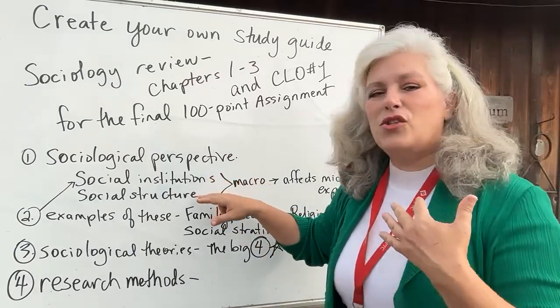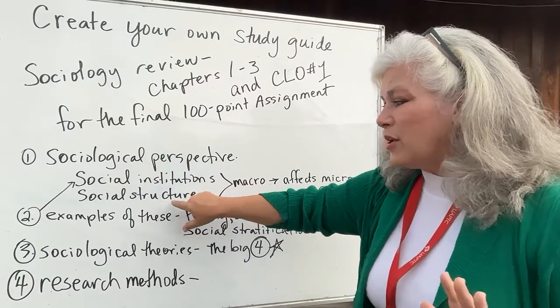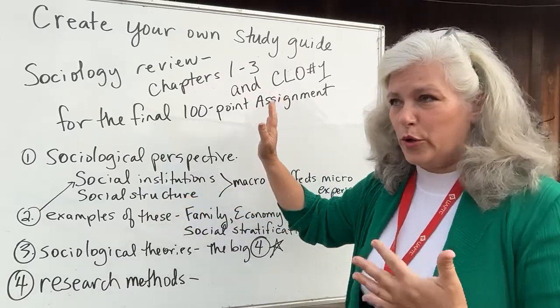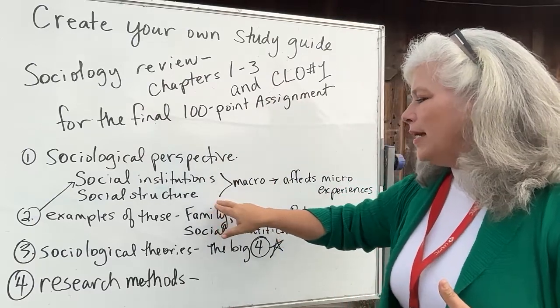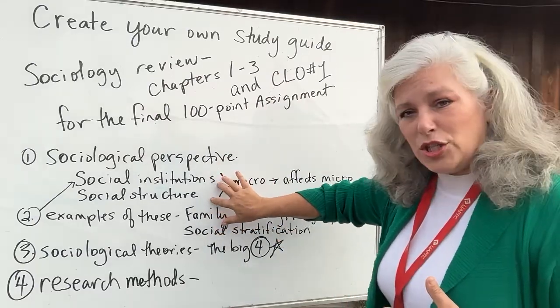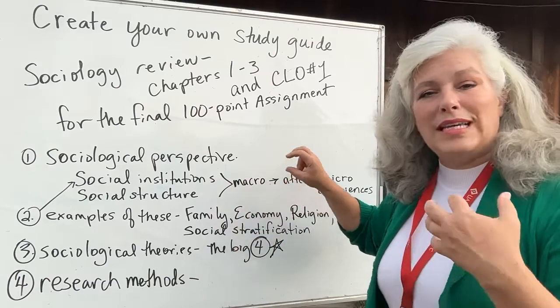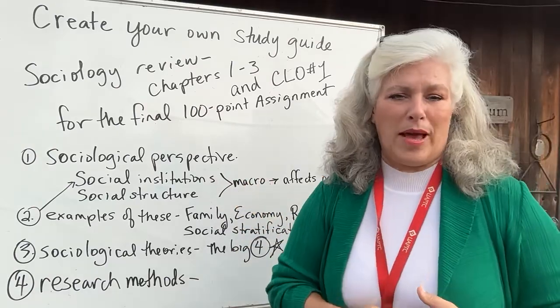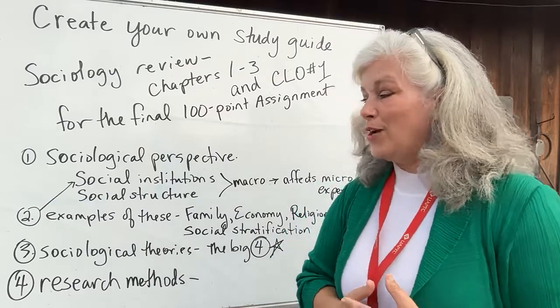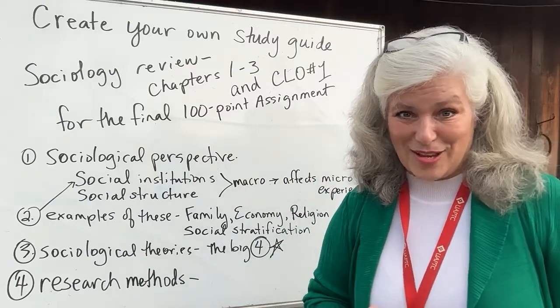There's a couple of things that I have on the board here that go with the sociological perspective. Social institutions, social structure, those things. Actually, social structure was chapters like 4 through 6 and in module 2, but all of these notes that you have on these topics are going to give you insight into that sociological perspective that we talked about so often at the beginning of the semester.